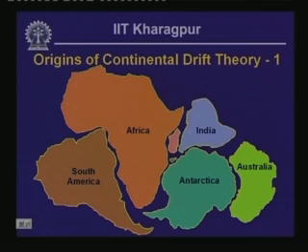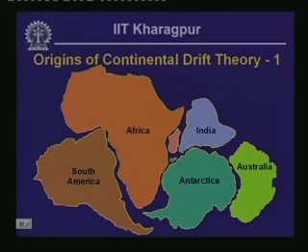Then you come to the east, and you could see that the west coast of India could fit with the eastern coast of Africa if you put in between the island of Madagascar, which is shown with pink shading there. Another interesting thing is that the southeastern coast of the present configuration of India could fit with the coastal boundaries of Antarctica quite well.